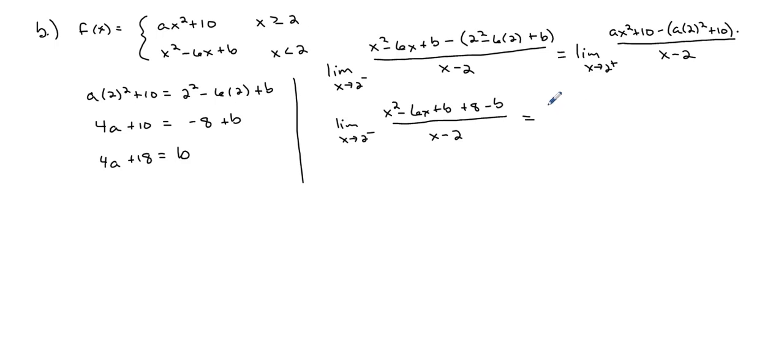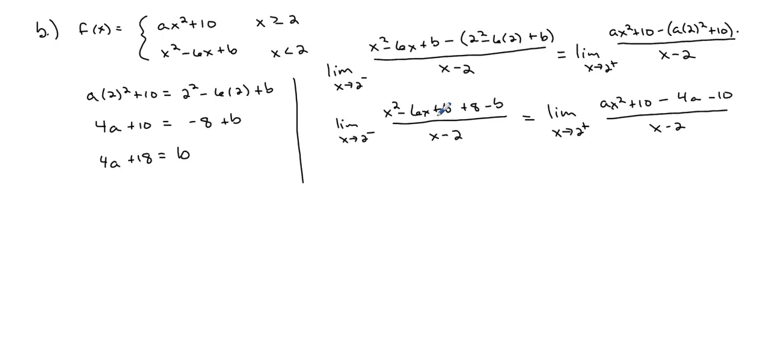That has to equal ax squared plus 10 minus, okay, that's going to be 4a and then minus 10, all over x minus 2. Notice we are not moving anything across the equal sign right now. We just know the derivative from the left has to equal the derivative from the right. And we're not bringing anything into these limits. We're not moving stuff around. We're just going to evaluate these limits. We know they have to be equal for this function to be differentiable.